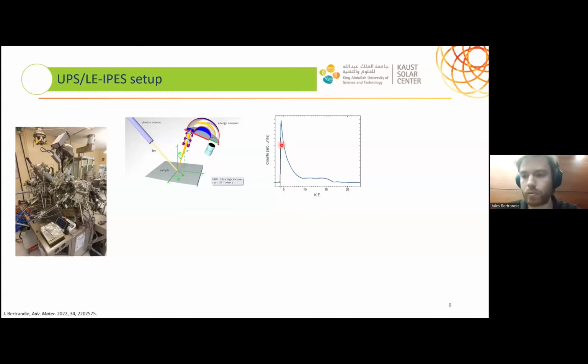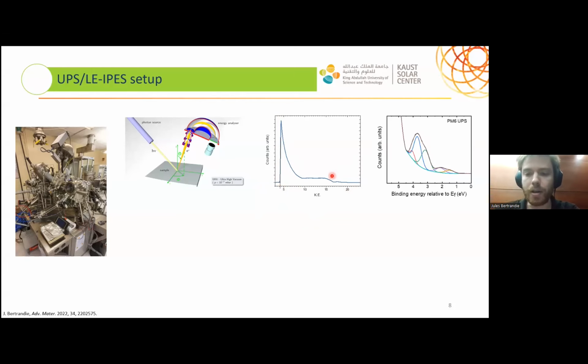To determine the work function, we do the same. We have a baseline, we have a peak, and then we take the tangent of this peak, and we have the onset, which is our work function. For the valence band, we focus a bit more on this region, and you will have this shape.